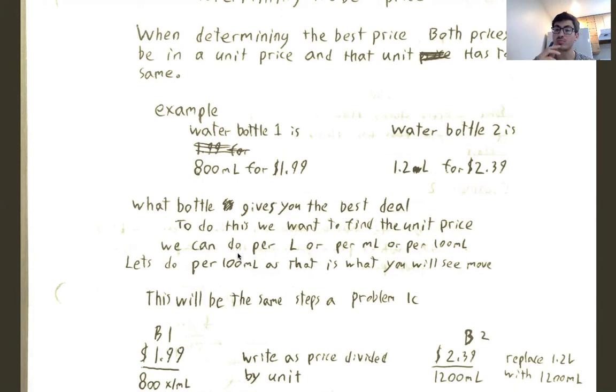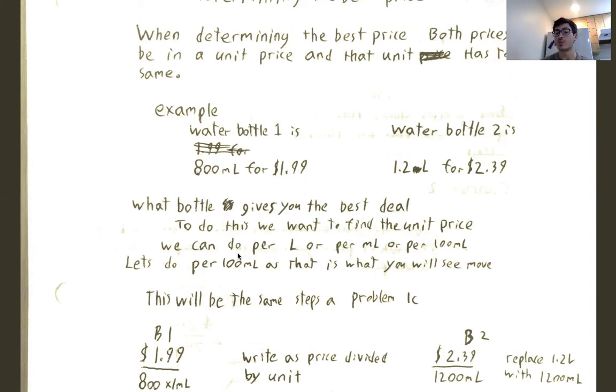We can choose what we want the unit in the unit price to be. It could be per liter. It could be per single milliliter. It could be per 100 milliliters. It's up to you. Generally, we see per 100 milliliters because if we do per milliliter, it's going to be not even a cent, and people don't like decimals.